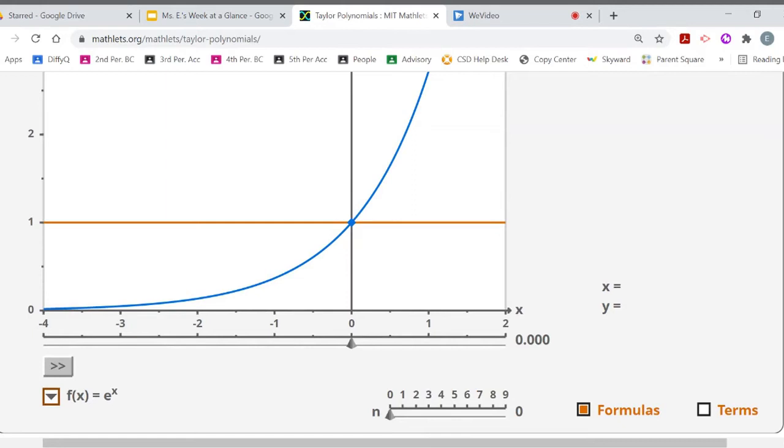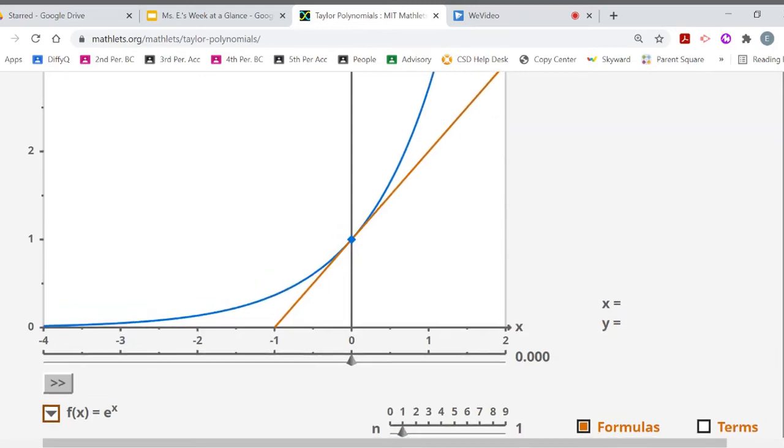Since it's centered at zero, it could also be called a Maclaurin polynomial. And the new red line is a Maclaurin polynomial of degree one, or a first degree Maclaurin polynomial for e to the x centered at x equals zero.